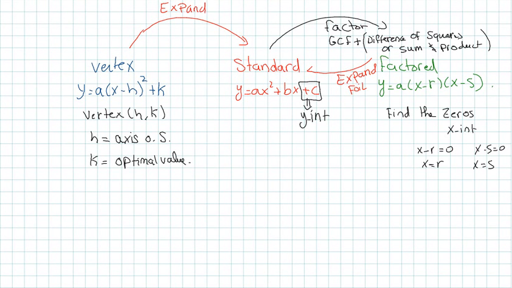I've seen a lot of people make the mistake and change the sign. Do not change the sign. It's going to be minus h, whatever that sign is, minus or positive, has to stay the same, right? When you're expanding, then you're going to FOIL, then you're going to multiply the a in, then you're going to collect like terms. Do we remember that? Good.